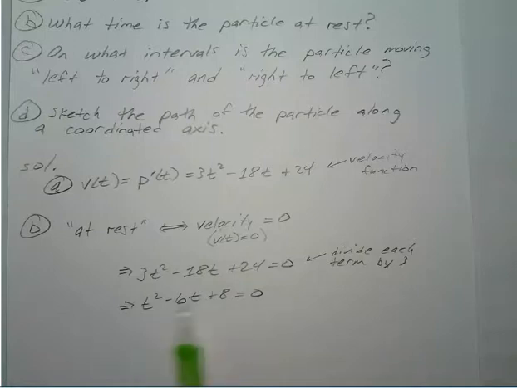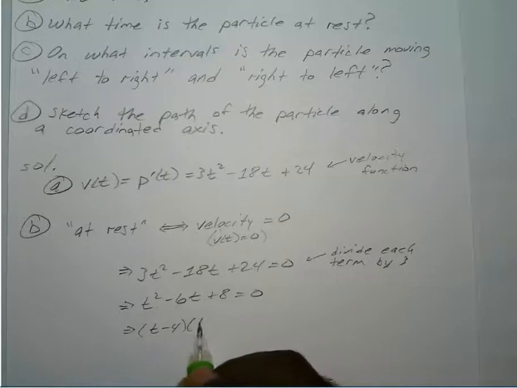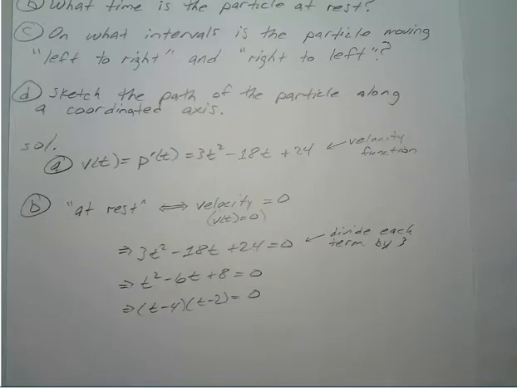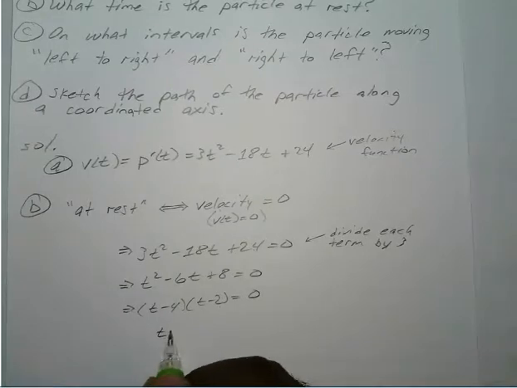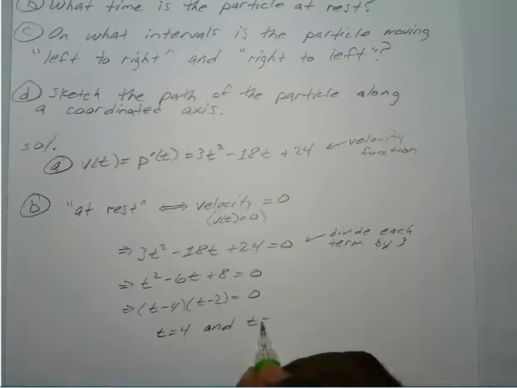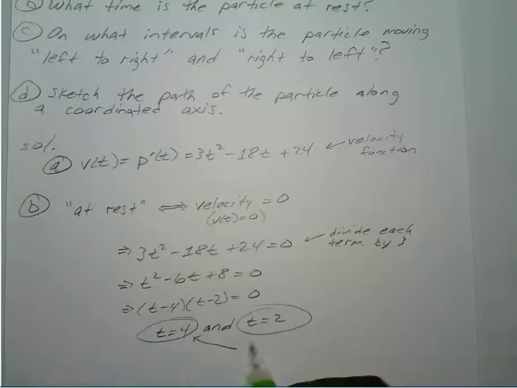If we go ahead and factor this out, we end up with t minus 4, t minus 2 equals 0. So if we have t minus 4 equals 0 and t minus 2 equals 0, that means we have t equals 4 and t equals 2. So these are the two moments when the particle is at rest.